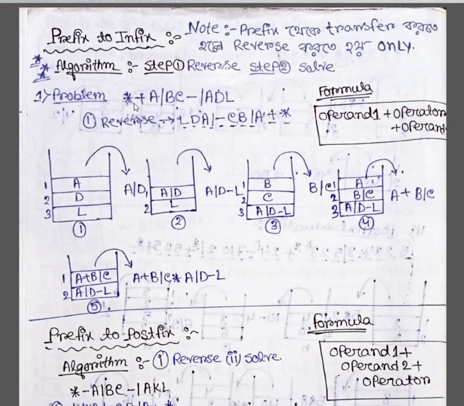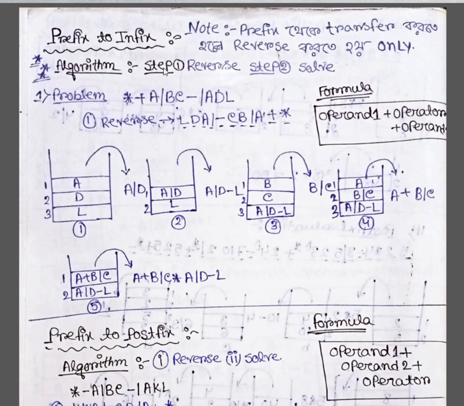So when the operators are in the middle of the operands, it is called an infix expression. When the operators are in front of the operands, it is called a prefix expression. When the operators are at the end of the operands, it is called a postfix expression.